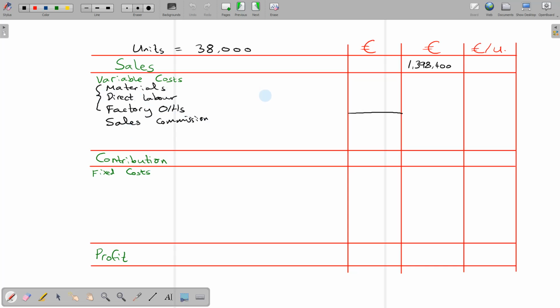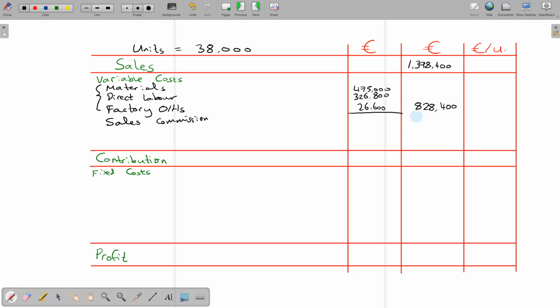So the materials is 475,000. Direct labor, 326,800. Factory overheads is 26,600. So that is a total of 828,400.